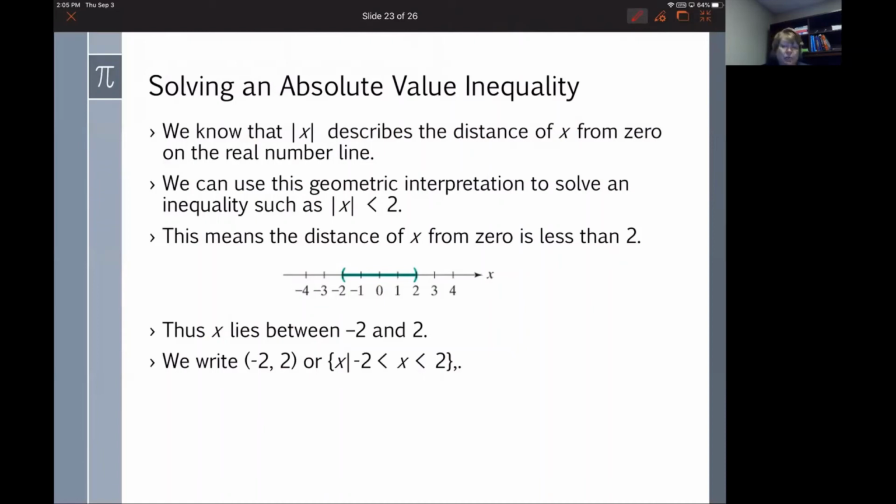So the solution to the inequality, the absolute value of x is less than 2, is the interval of numbers between -2 and +2. Or x has to be greater than -2 and less than +2. That's the only place on the number line that the distance from 0 will be less than 2.